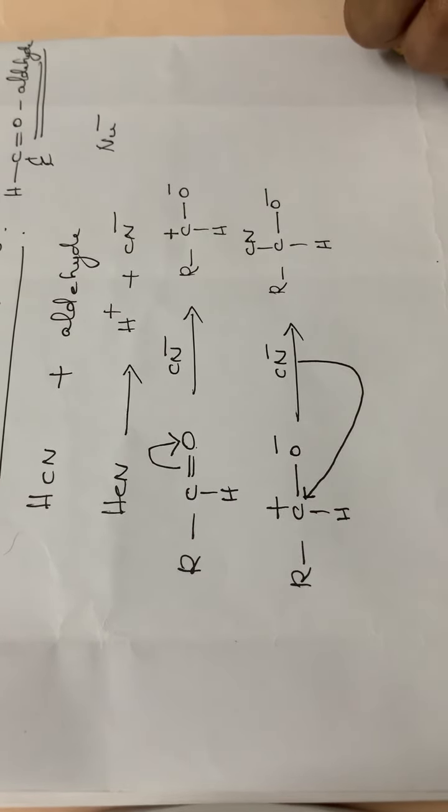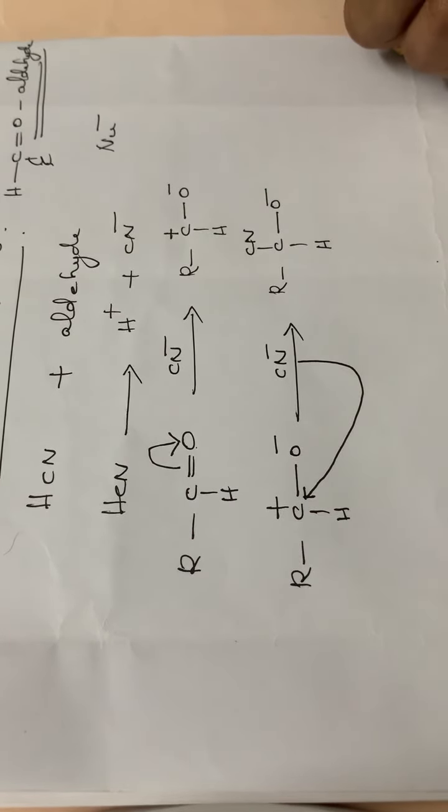Then in the next step, the remaining species, that is the H plus, will be added, since CN minus got added. This H plus will move to this O minus. So the product is RCH(CN)OH. So this is the product.